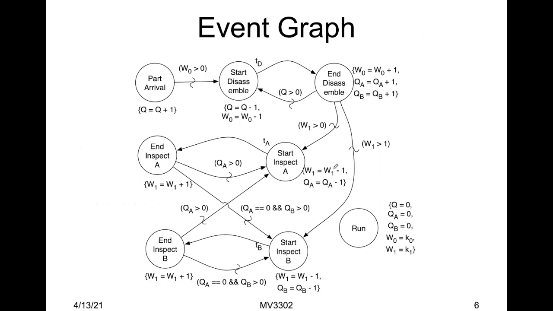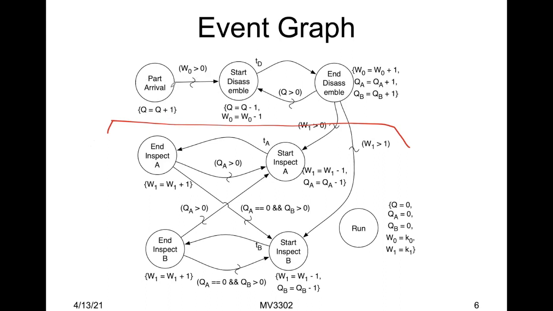But if we parse it out, we can see that there are some common patterns here. First, let's disregard everything below this red line and just look at the top. We have our parts waiting to be disassembled. This should look very familiar.